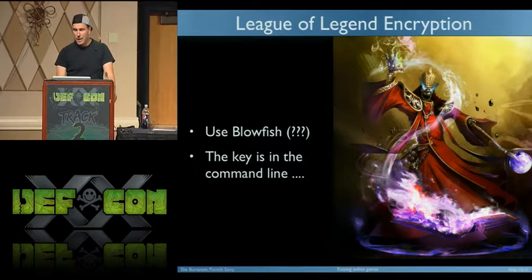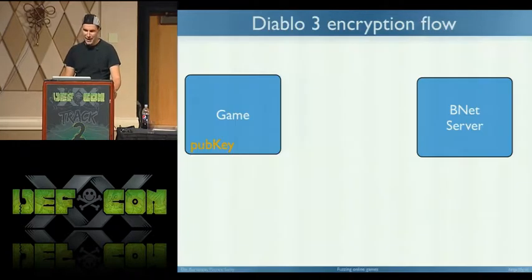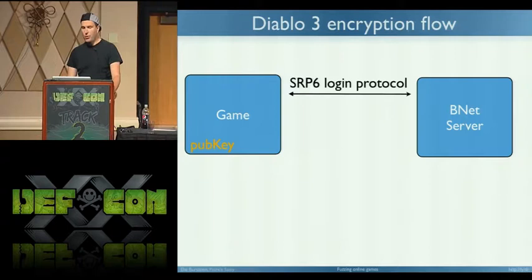Not a big deal. Let's go back to something way more complicated: enter Diablo 3. All right, so you have the game and the Battle.net server, which is the first server you connect to. The first thing you do is what is called an SRP6 challenge, which is basically a way for you to prove that you have the right login and password without transmitting it in clear.